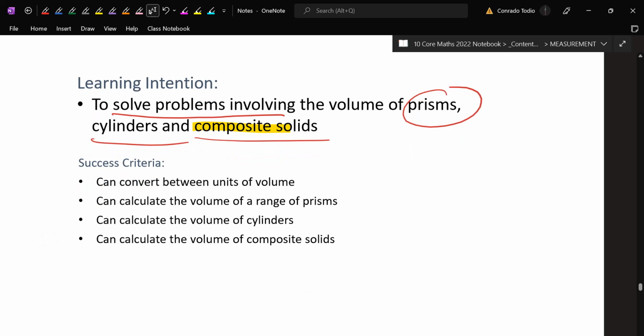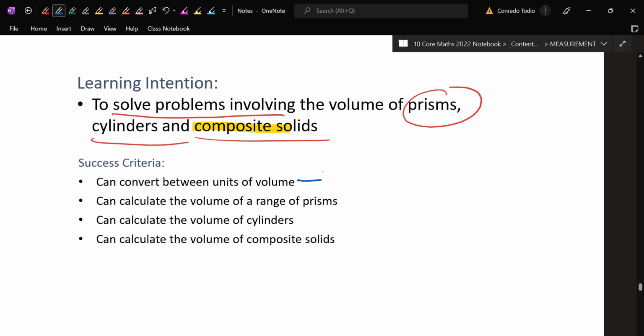By the end of today, I'm hoping that we can do all of this. Convert between units of volume, so between centimeters squared, centimeters cubed, meters cubed, but also going between meters cubed to liters. How do we figure out, if you've got the volume of, for example, a fish tank, how much water you can fit in there?